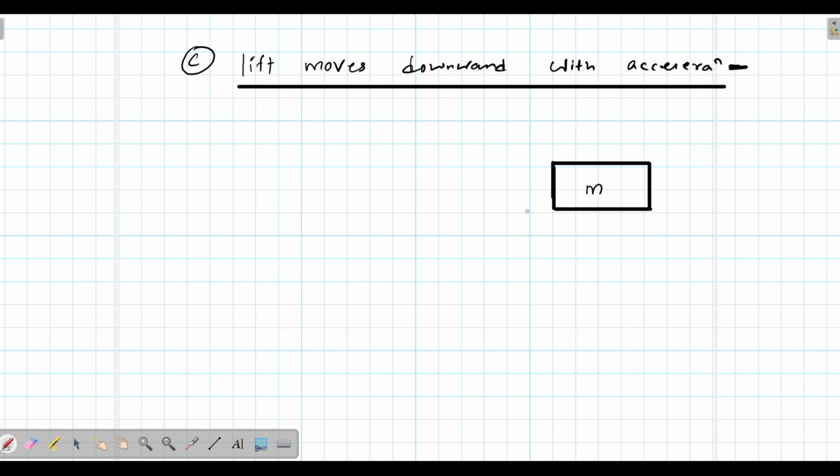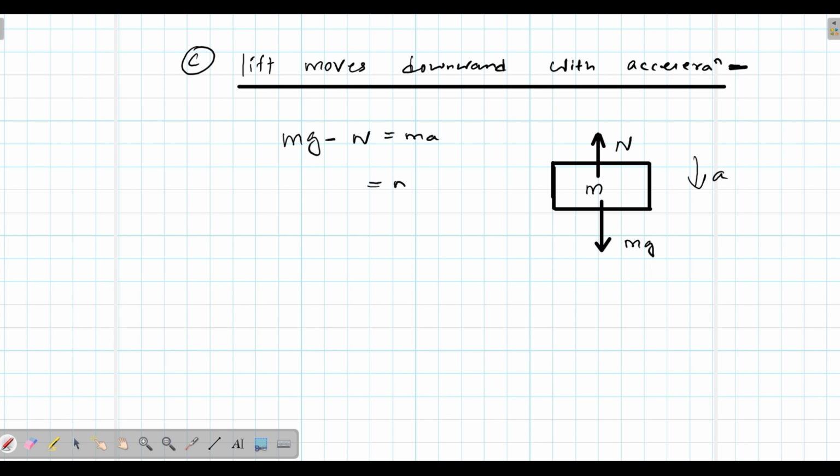So this is the lift. N is the reaction. Weight is mg. Lift moves downward with acceleration. So mg minus N equals ma.